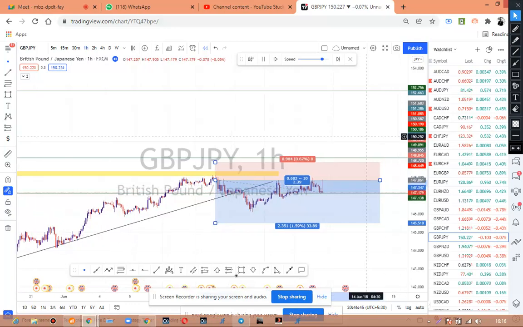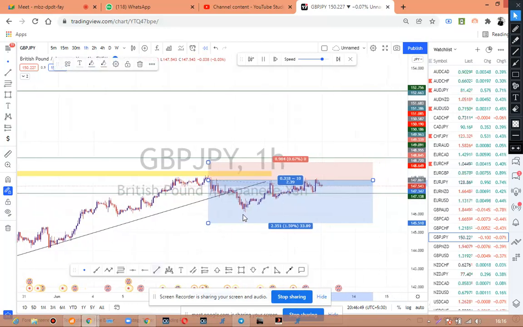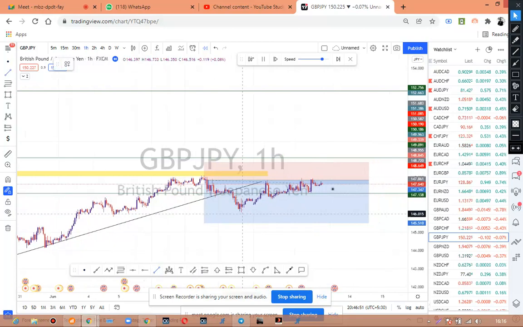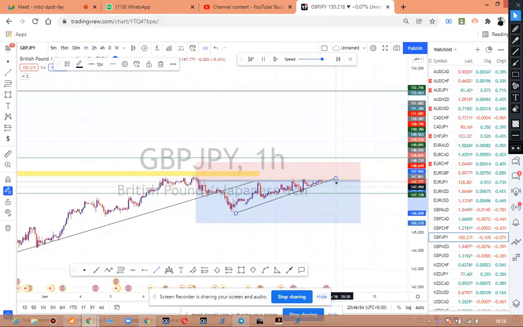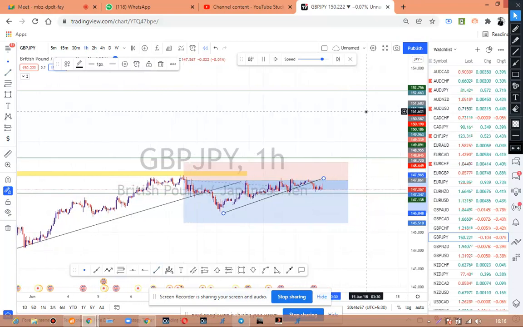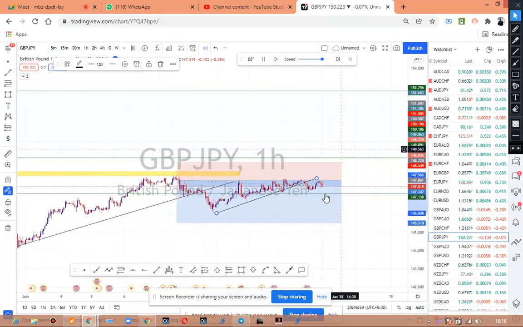Okay, the market is still ranging. We also have this trend line. Break and retest.